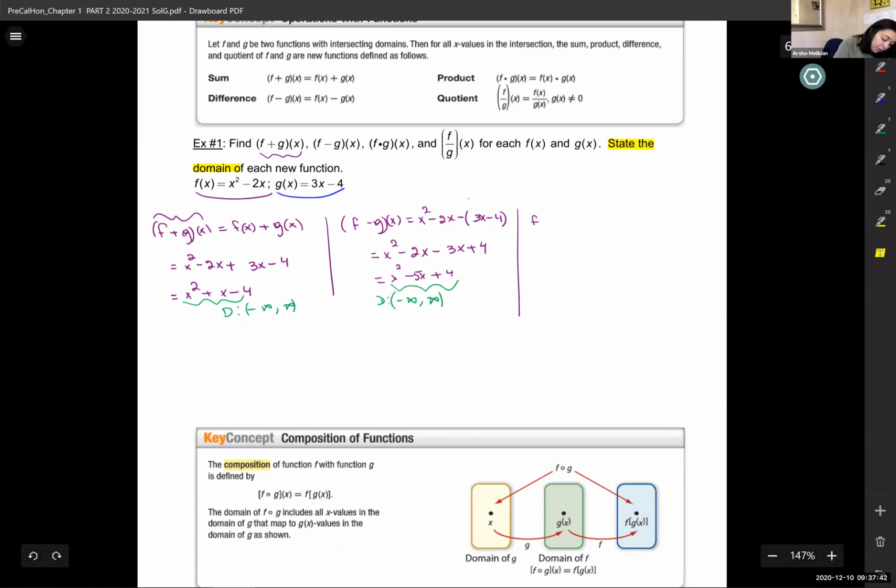Next is f times g of x. For this one, we're going to multiply the two of them. When you multiply, you basically do the FOIL, okay?